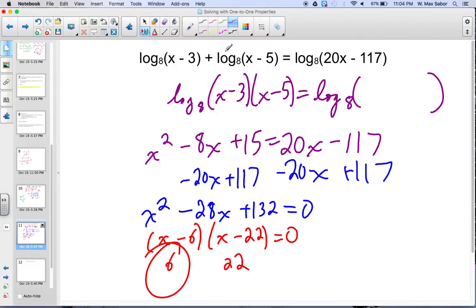We can substitute that in. 22 minus 5, that's fine. 20 times 22, that's pretty big, and when we subtract 117, this will also work. So actually, this was an example where both of them are solutions. You don't always have extraneous solutions with a logarithmic equation. There are two solutions to this equation. They are 6 and 22. That's fine. But you should check them to make sure that when you put them in, the whole input ends up being positive.